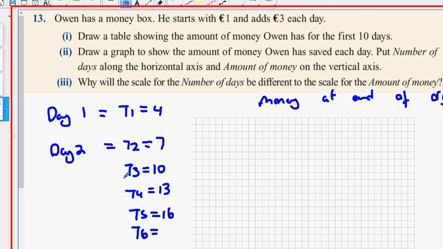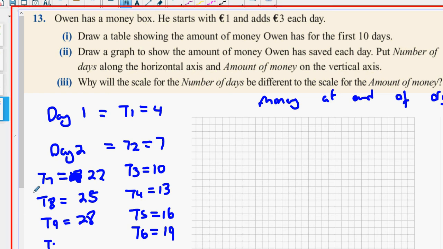No. 19, T7, T8. Oh, no. 22, 25, T9, and T10, 31. Why did I go as far as T10? First 10 days. Is that all right with you guys?